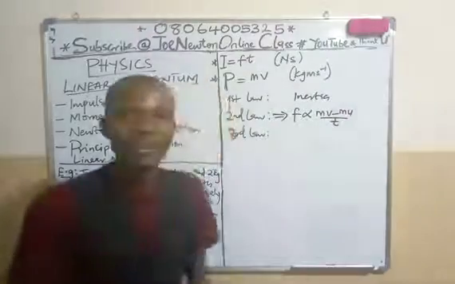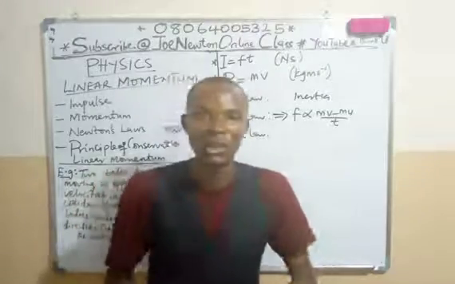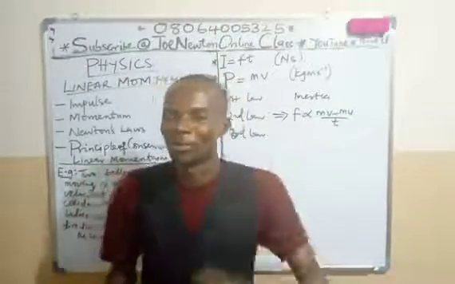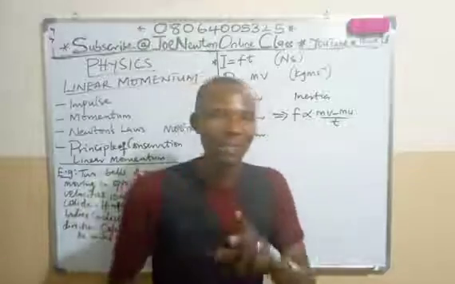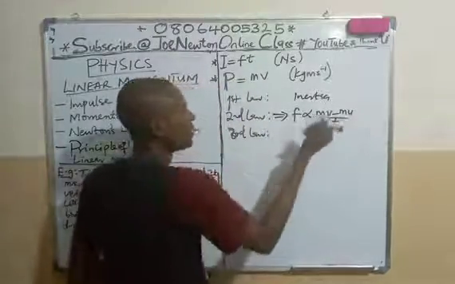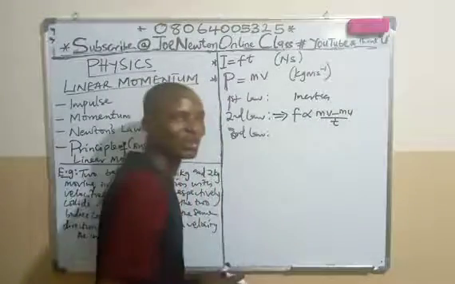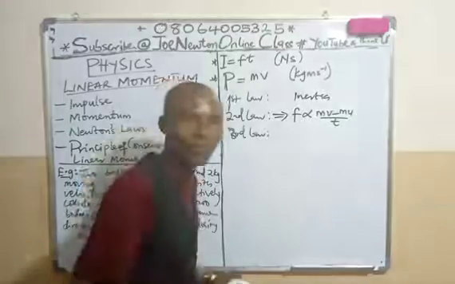Remember, it says the rate of change, and that rate of change is the time rate of change in momentum, not just the change in momentum itself. So don't make that mistake. This is the statement of the second law. From this statement, we can now go further to derive the unit of force, or the formula for force.